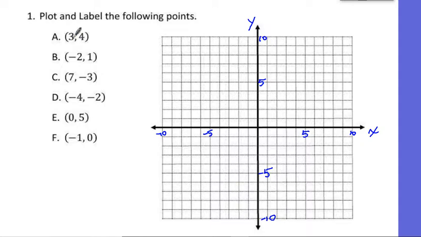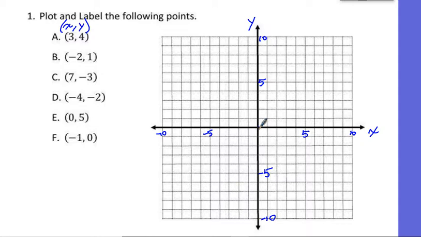The first ordered pair that we're looking at, 3, 4. We remember x, y is how the ordered pairs are listed. And so for point A, we're going to start at the origin, which is 0, 0. Both the x value being 0 and the y value being 0.